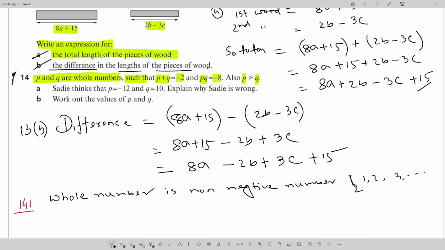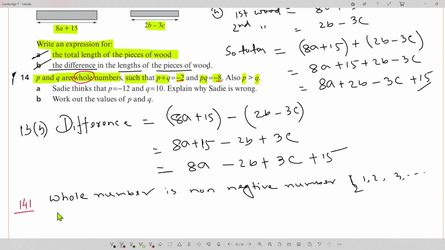Okay. But with non-negative numbers, it's never possible for P plus Q to equal minus 2 or PQ to equal minus 8. Maybe this book tries to mention whole numbers, but instead of whole number it should be integer.